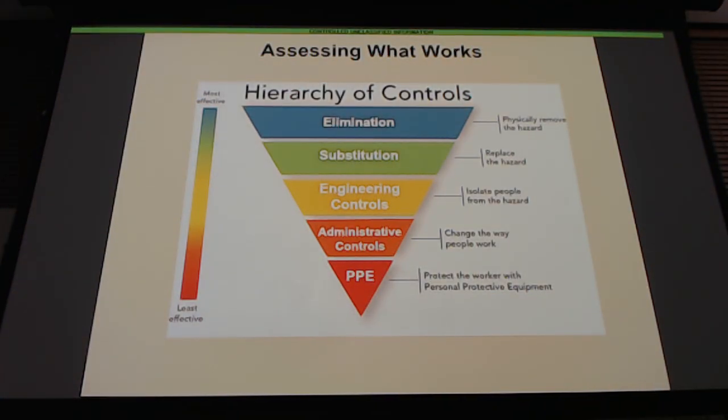This is what we call the hierarchy of control. We're going to see this again later. So if we take a look at it now, this is basically borrowed from occupational health and safety. It's kind of a framework for controlling hazardous issues. And it's real simple, right? If you look at the bottom of the upside down pyramid, PPE, protective equipment, is the least effective thing that we can do. Versus the most effective, which would be elimination of the problem.